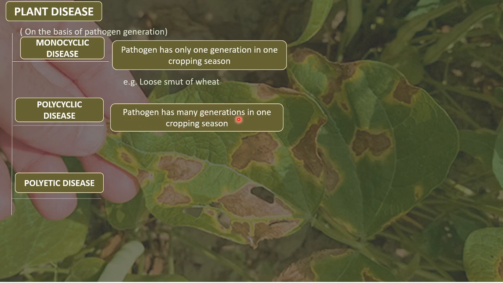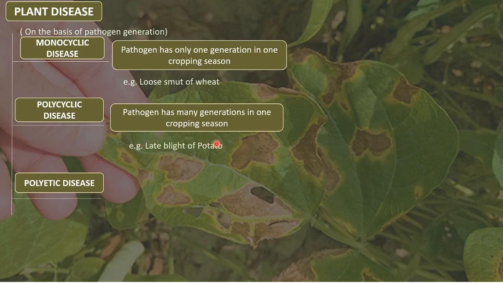So it will keep on continuing infecting the plant. It can have maybe one, maybe two cycles, maybe three cycles, or more than that, maybe 5 or 6 infection cycles, which will keep on continuing throughout the cropping season, right? So this is polycyclic disease, and an example of this is late blight of potato.